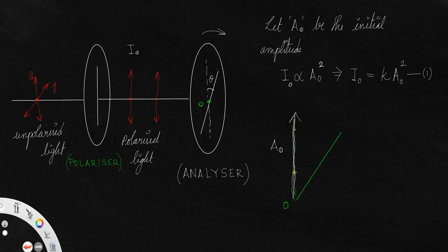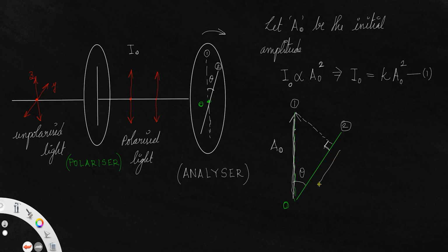Now I need to find the amplitude through this plane. Let me mark this as 1 and this plane as 2. So I need to find the amplitude through this plane, and we know this angle is theta. For that, let me drop a perpendicular from this point to this plane of transmission. So this will be 90 degrees.